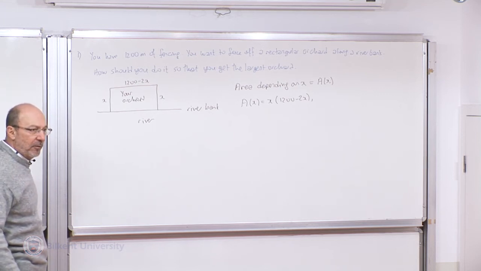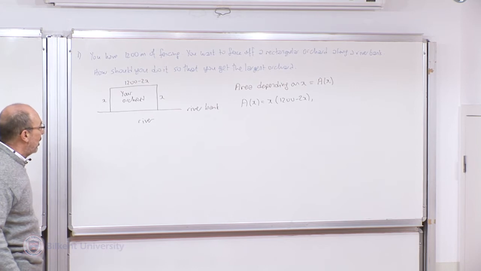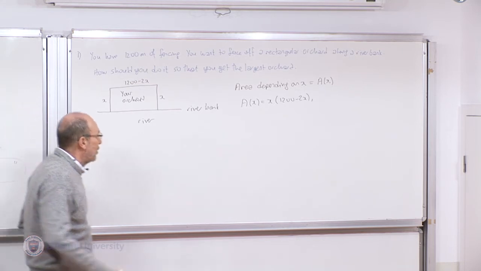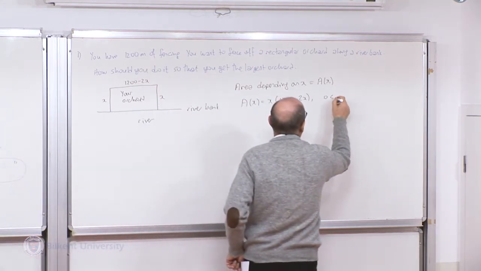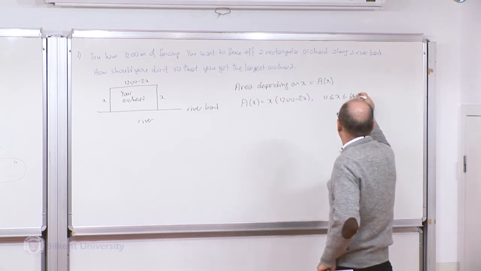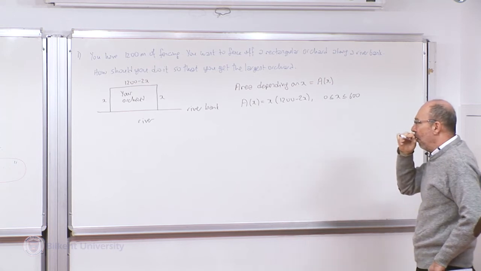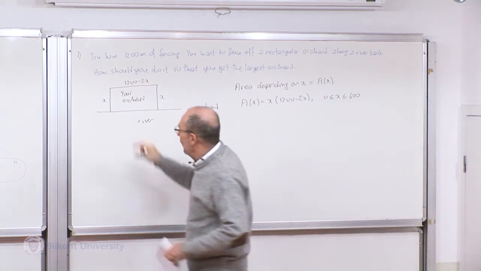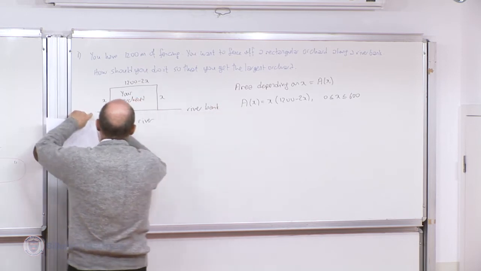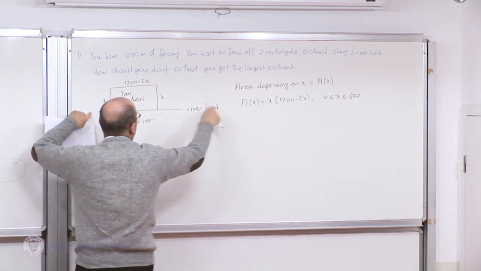Okay, you are not finished here because you realize that this is a polynomial. It is defined for all values of x, but our problem doesn't make sense for all values of x. So here x can be 0. Okay, so you don't get any garden, but at least x can be 0. And x can be 600, right? If x is 0, then you get a thinner and thinner garden, and eventually you just put this fencing from here to here.